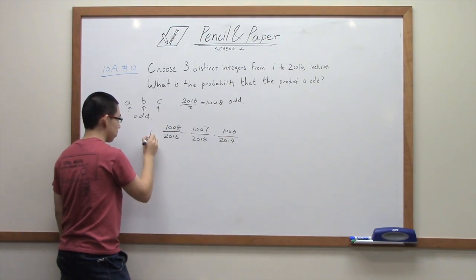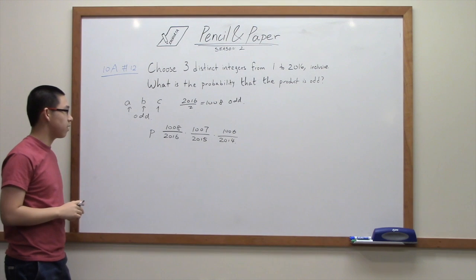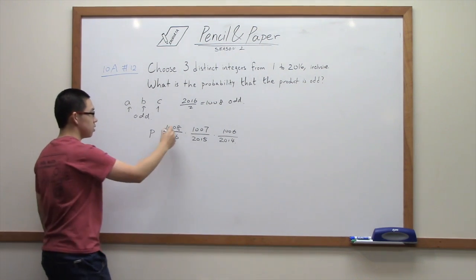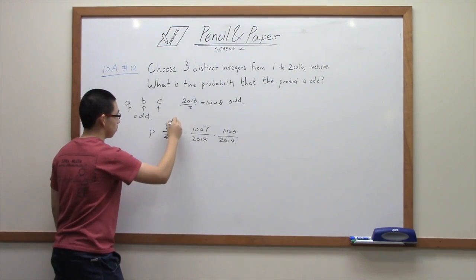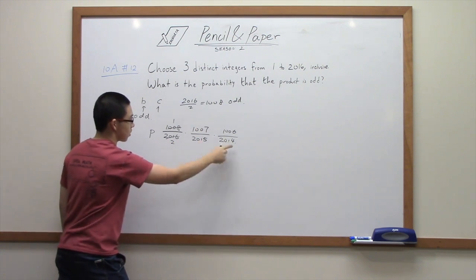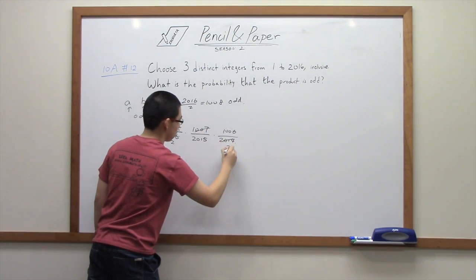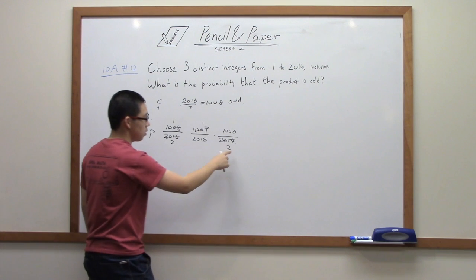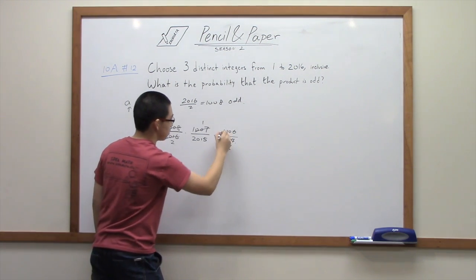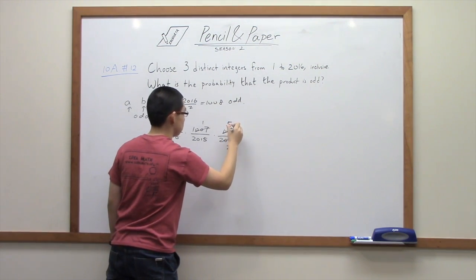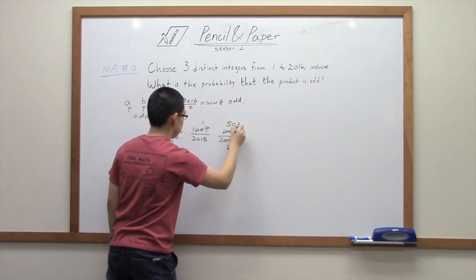So this is our probability, and we want to simplify it a little bit. This is clearly 1 out of 2. This we can cancel out with this to get 2 over 1. And then this we can further cancel out with this. This is 503.